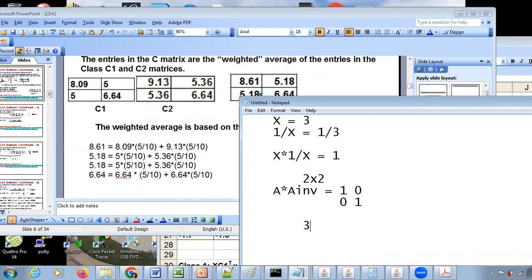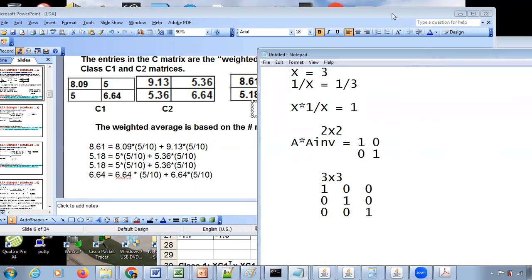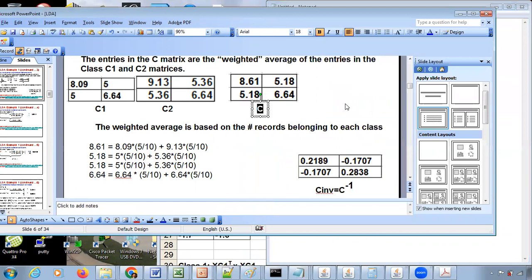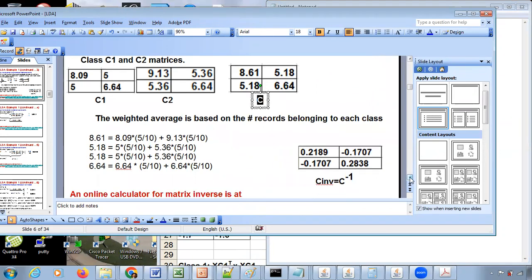If it's a 3 by 3 matrix, the product will be an identity matrix like this, with 3 rows and 3 columns. Okay. So here we have a 2 by 2 matrix, which is 8.61, 5.18, 5.18, 6.64. If you compute its inverse, this is what we get.